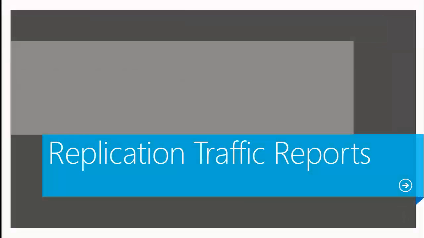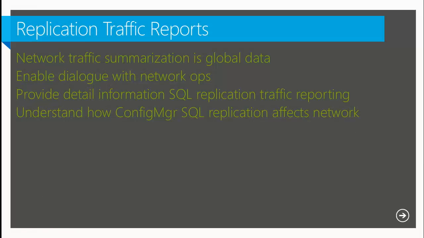So, because I've got a small little network here of two little boxes, I decided to go in and show you some replication traffic reports that we've added for you to look at. This tells you how much data is going across your network now and over a period of time.